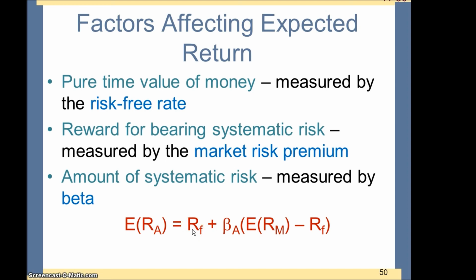It is a security issued by the government, such as treasury securities. Since it is issued by the government, it should be risk-free because the government will never go bankrupt. So this is called the risk-free rate. Now, the reward for bearing systematic risk is the market risk premium, measured by RM minus RF. And here is the beta, a measure of systematic risk.